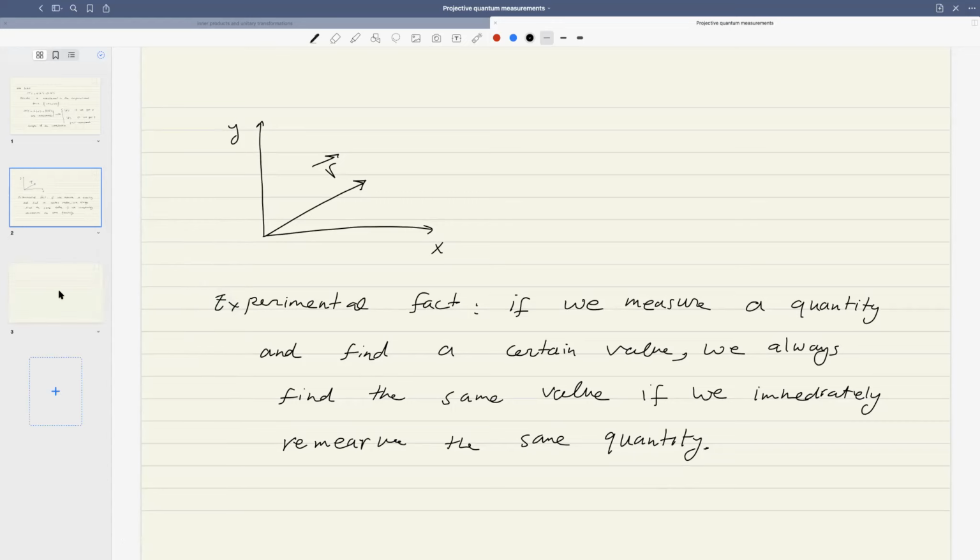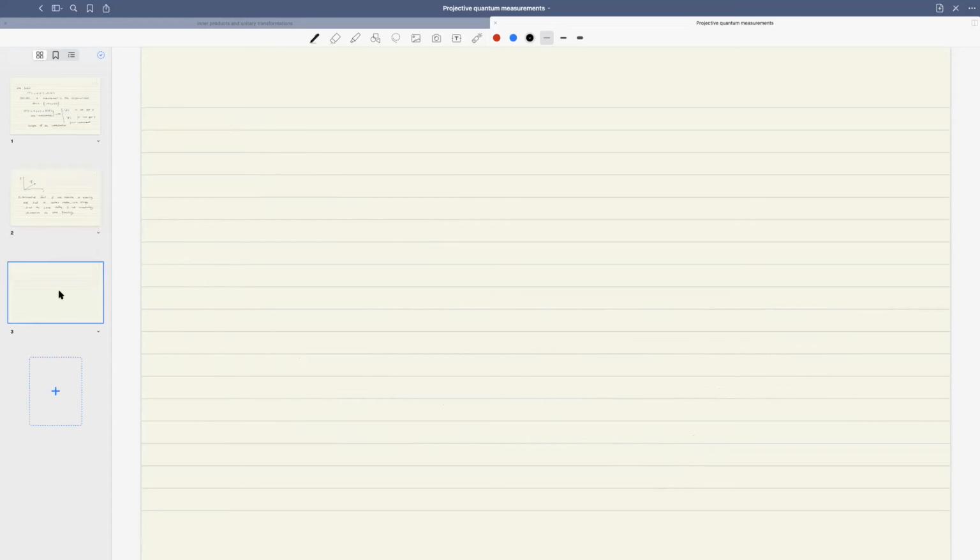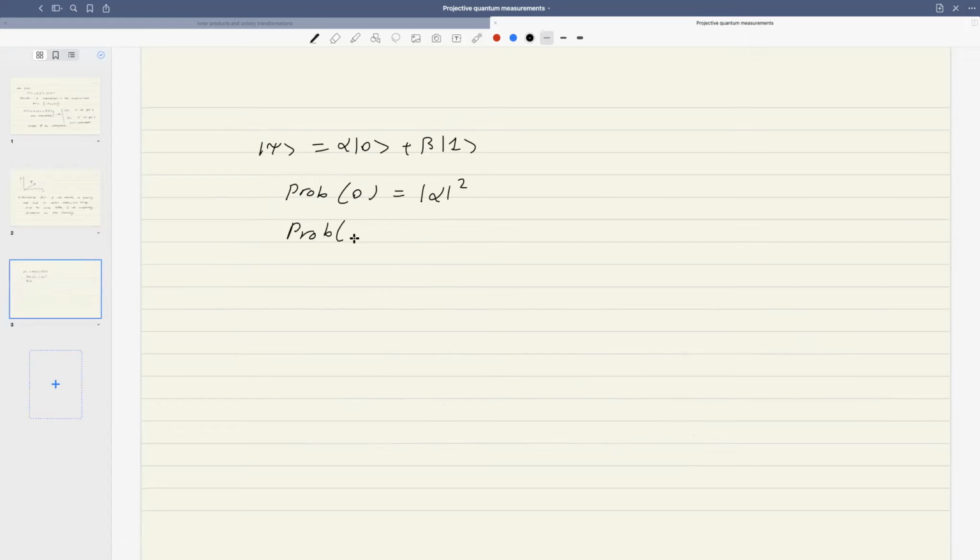Again, this way we can understand the collapse of the wave function, because suppose you have this state alpha 0 plus beta 1. The probability of getting 0 is absolute value alpha squared. The probability of 1 is absolute value beta squared.